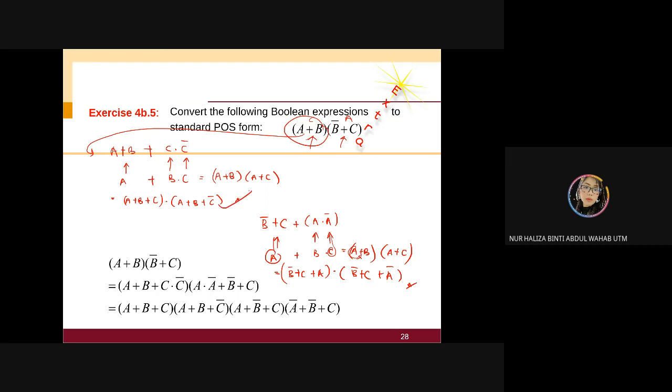You combine this answer, you get the standardization form of your POS.